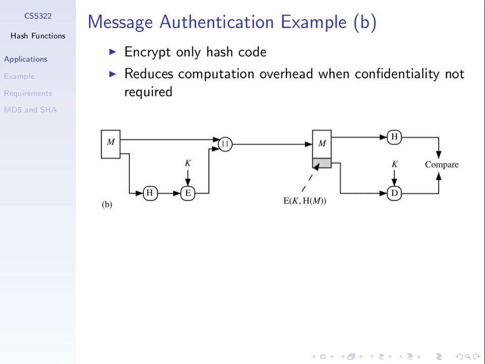B receives this thinking it's coming from A. So what B does, takes M prime, the received message, and calculates the hash of the received message. They've received M prime, they calculate the hash of M prime, gives them the hash value H prime.